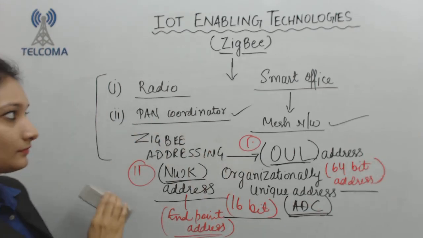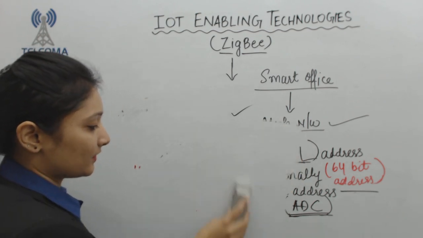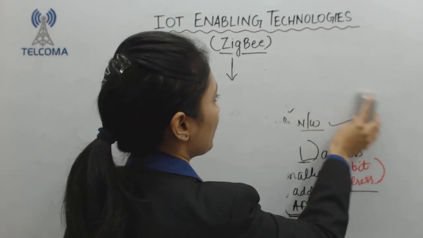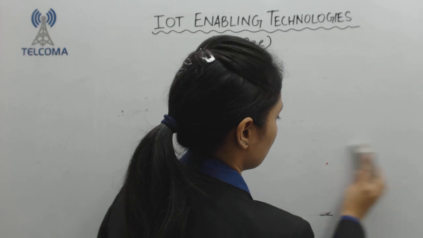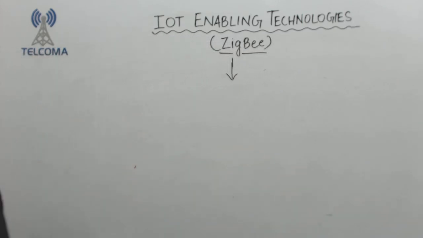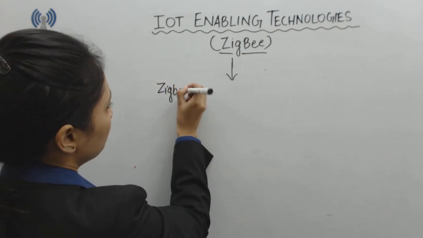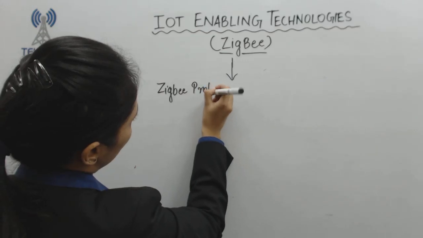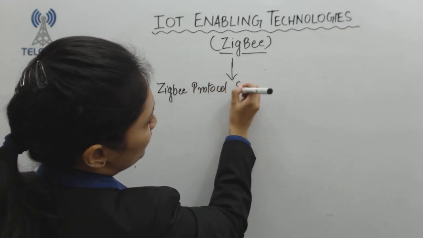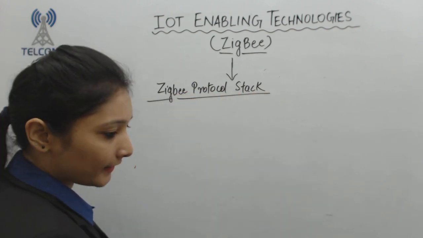Now after that, we have the Zigbee specifications, that means the Zigbee protocol stack. Next, we have the Zigbee protocol stack here.